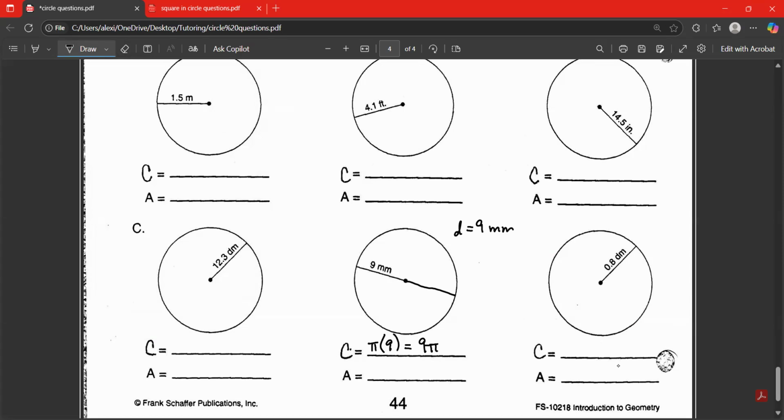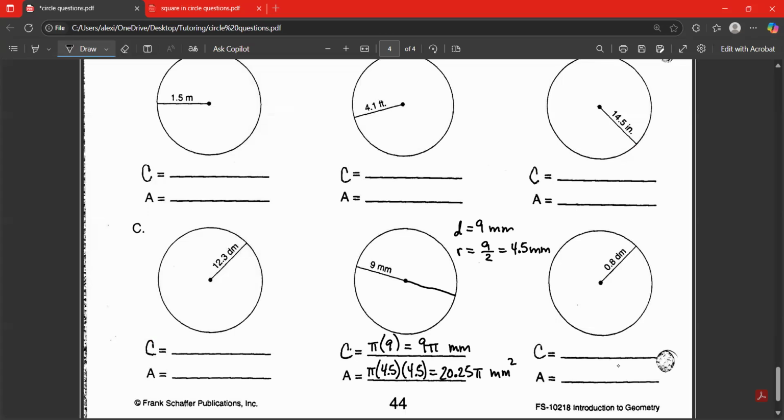But to get the area, I actually need the radius. Remember, the radius is the diameter divided by 2, or half the diameter, which is 4.5. So area would be pi times 4.5 times 4.5. Now, it just so happened that we just did that, right? And we got 20.25. And I'll, of course, put my pi, and let me add some units. Millimeters for the circumference, but millimeters squared for the area.